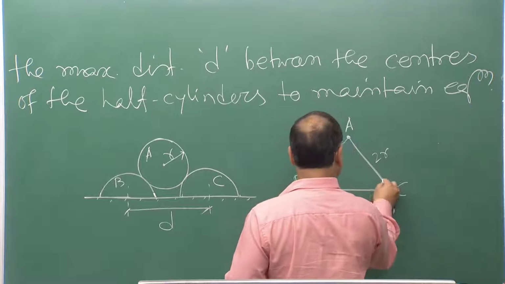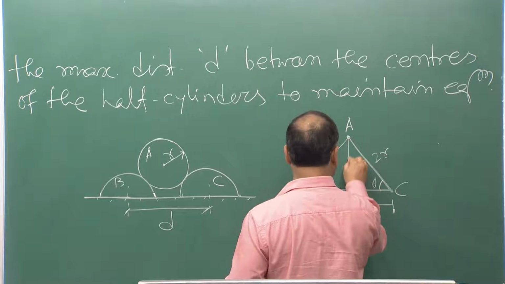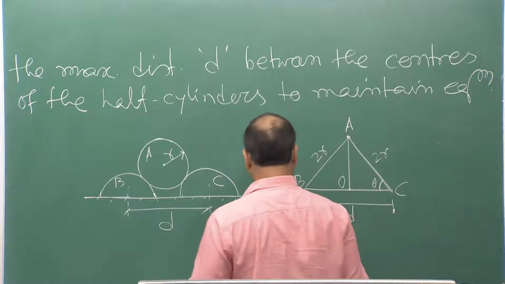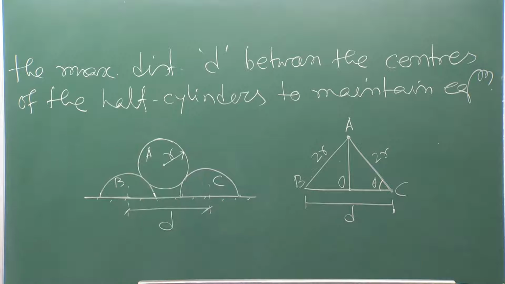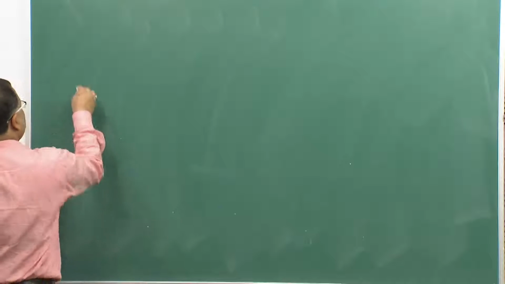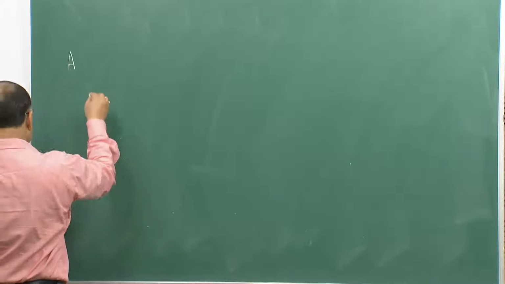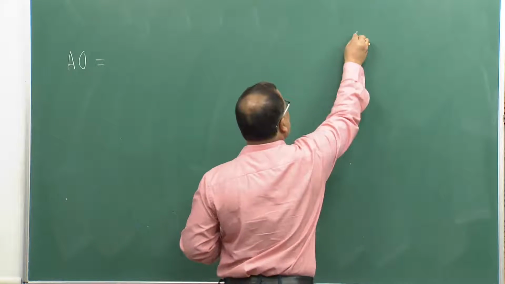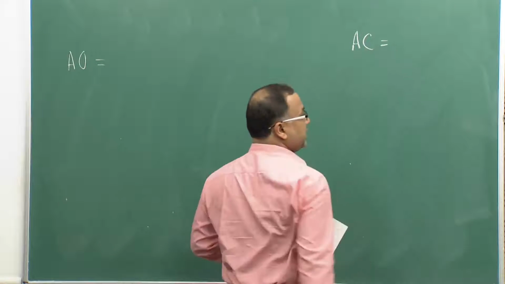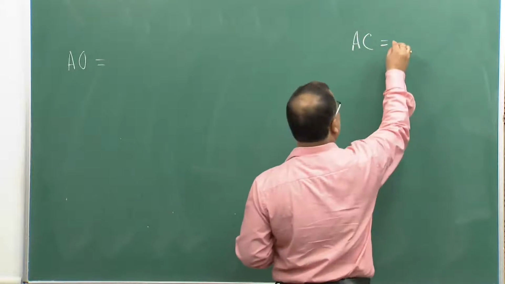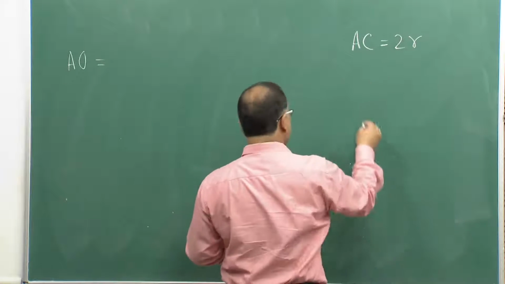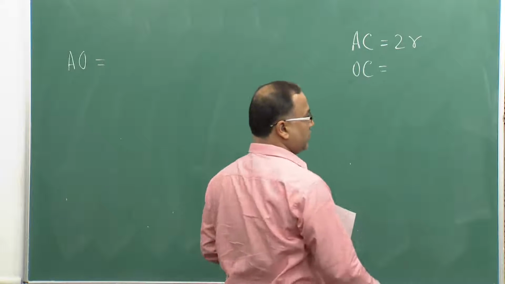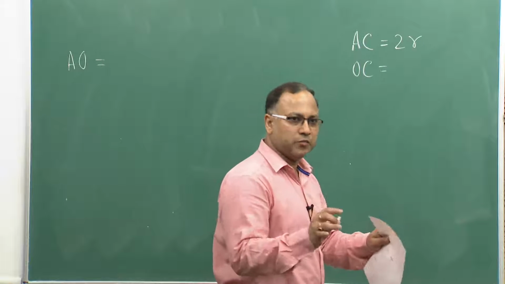This angle I call theta, and this point I call O. Then AC is twice r, and OC is d by 2, coming from the geometry, nothing to do with the problem.